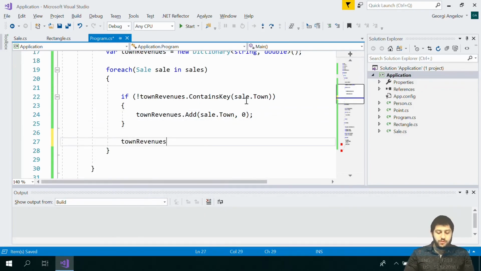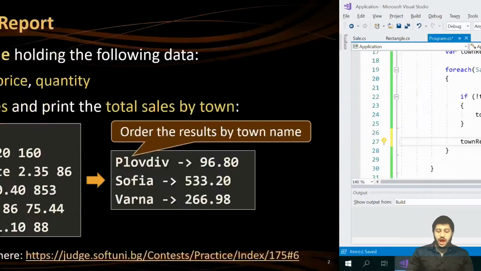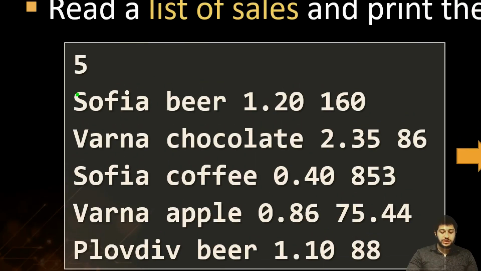And we can say townRevenues[sale.Town] increment, or add, the sale price times the sale quantity. Okay, because we can have multiple towns, or we can have the same town, as you can see here, the same town can have different products.